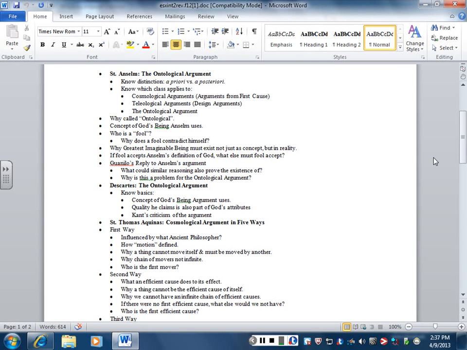And so your book is a little long when it portrays all of Aquinas' arguments as cosmological arguments. The fifth way is a version of the teleological, not cosmological argument. So they're a little careless there. Again, because you write a book doesn't mean you can't make mistakes.